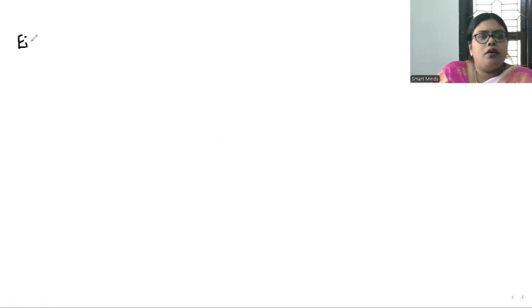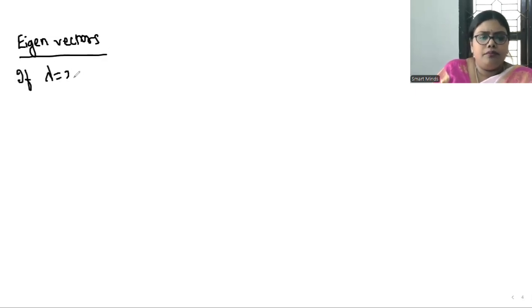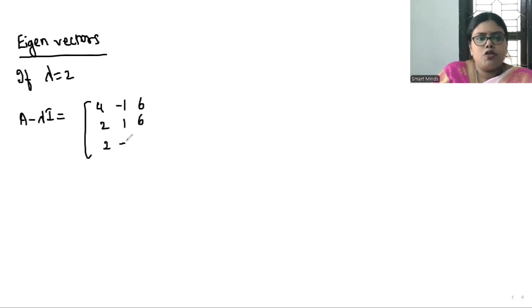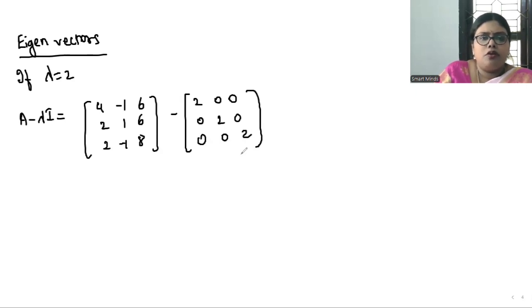Now let us find out eigenvectors. So if lambda is equal to 2, what is A minus 2I? Or what is A minus lambda I? [4 -1 6; 2 1 6; 2 -1 8] minus [2 0 0; 0 2 0; 0 0 2].